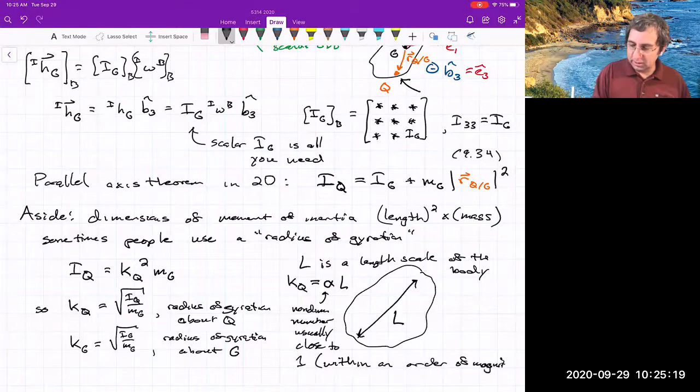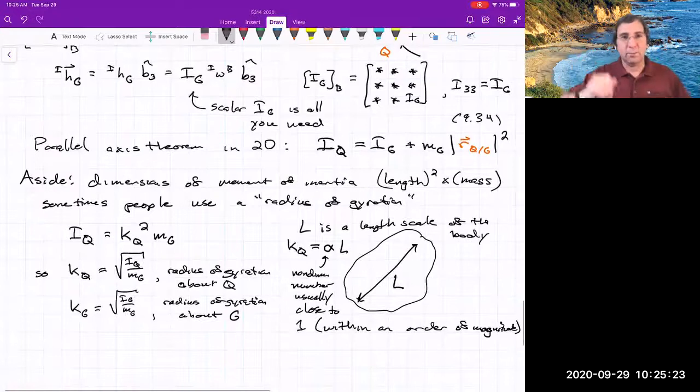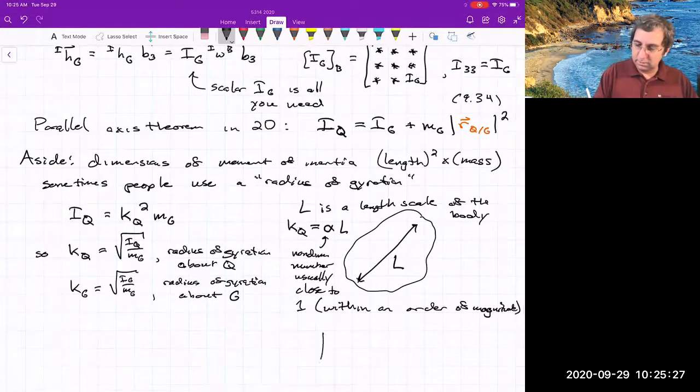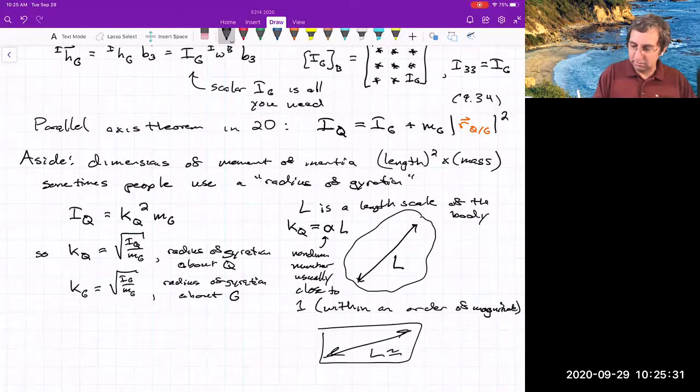So if someone said, quickly estimate the radius of gyration for a car, well, if you had to do this right now, I'd say a car, L is about 3 meters. I don't know what the mass is. I think it's about a ton, 10 to the 3 kilograms.